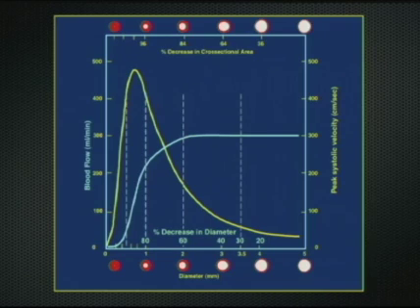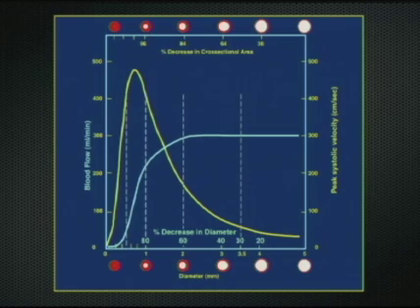Now, the vertical scale on the right shows the peak systolic velocity measured within the vessel at the point of stenosis. You'll notice that this value, which is depicted by the yellow curve, is well less than 100 centimeters per second and gradually increases as the vessel decreases in diameter from 20 to 30 to 40%.